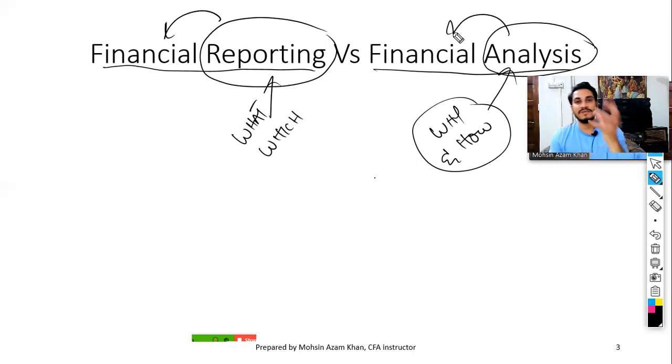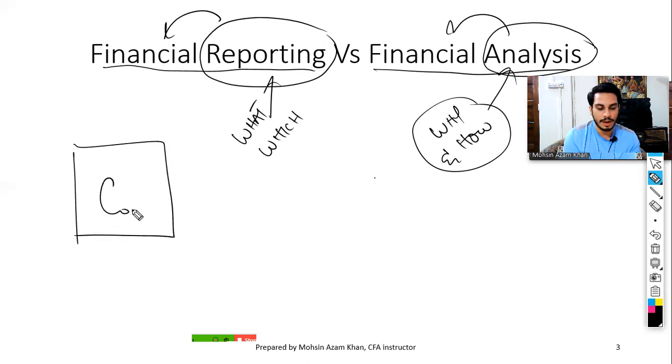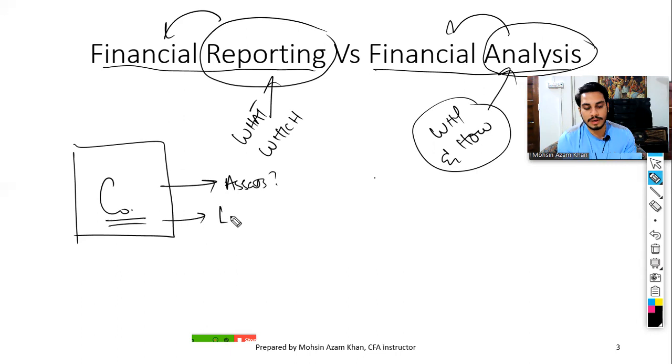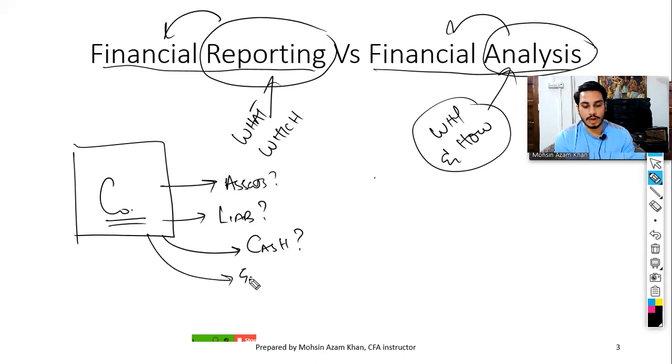Now create a link between the two in finance. When I say financial reporting, suppose there's a company. I want to know how many assets they have, what liabilities they have, how much cash they have, how much equity they carry, how much profit they make.